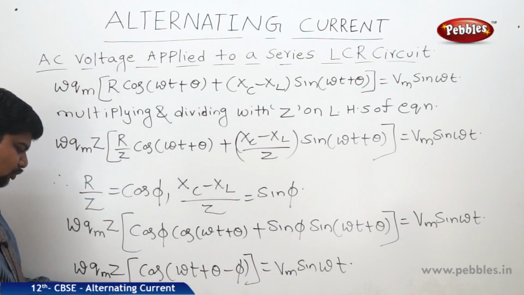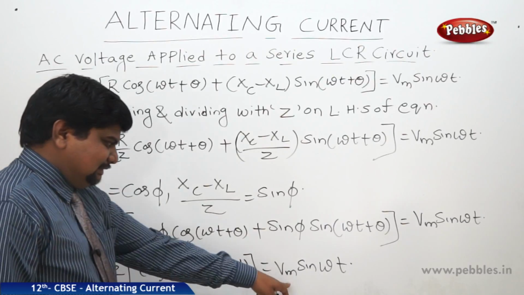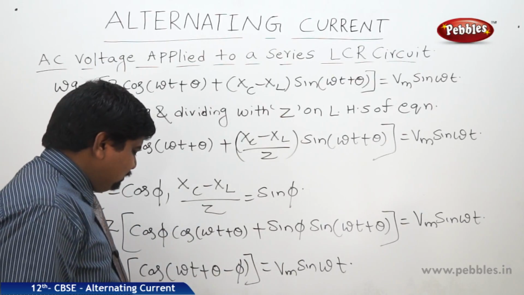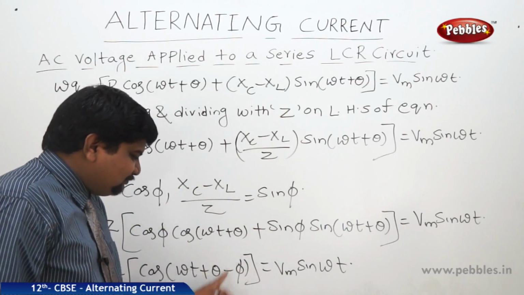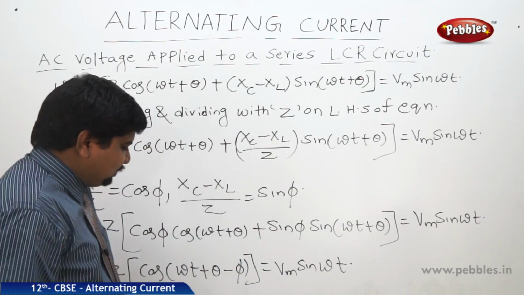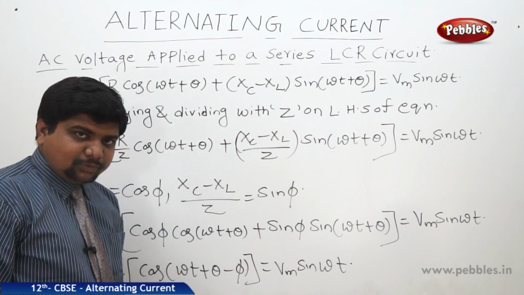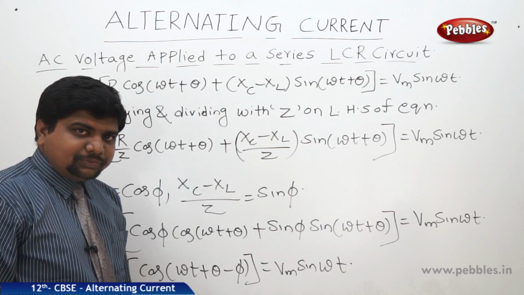So qm omega z is in the shape of Vm, and cos(omega t minus phi by 2) is equal to sin omega t actually. That means we can write theta minus phi is equal to minus pi by 2.